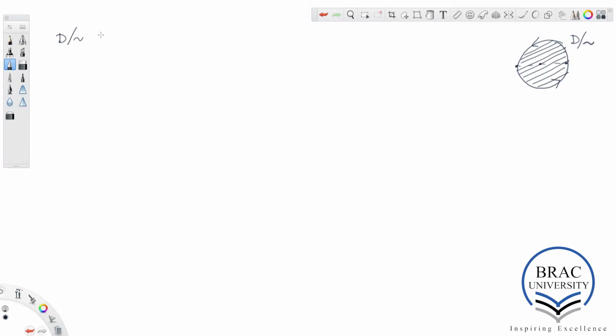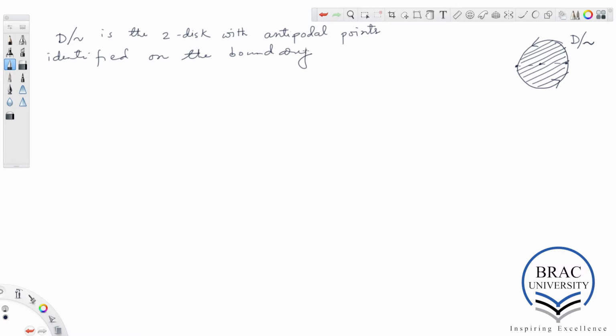D modded out by this equivalence relation is the two disk with antipodal points identified on the boundary, which we already mentioned is nothing but homeomorphic to the labeled complex L, which we drew earlier on the left. I'm not going to draw it again.